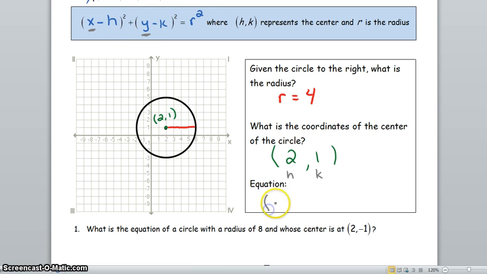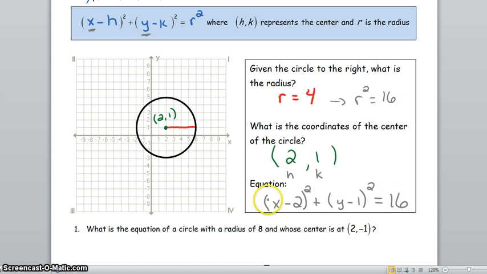So I would write my equation as (x minus, instead of h, 2) squared plus (y minus, and instead of k, 1) squared equals r squared, so I'm going to have to square r. R squared in this case is 4 squared, or 16.